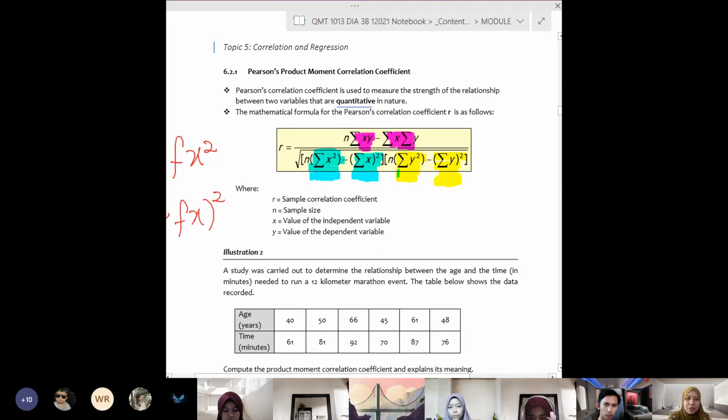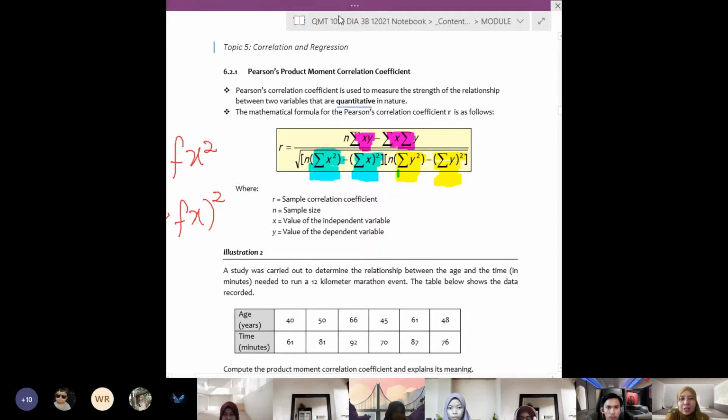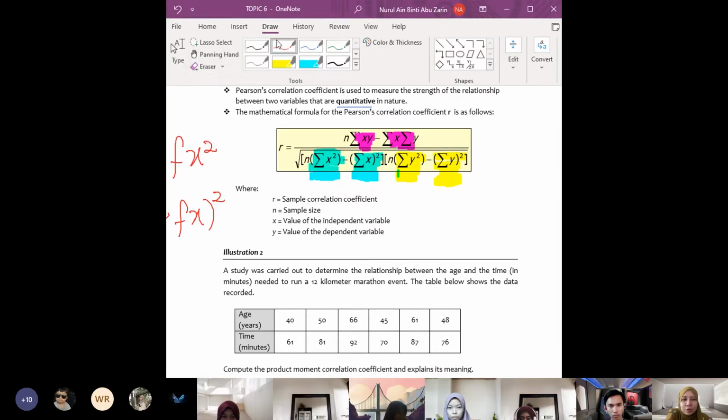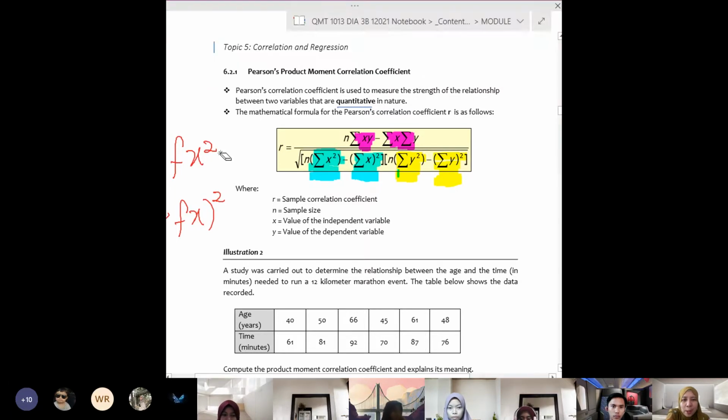In this formula, we need to find xy, which is the multiplication between x and y, the summation of x times the summation of y, the summation of x square, the summation of y square, the summation of x in bracket square, and the summation of y in bracket square. By this time, are you able to differentiate these notations?